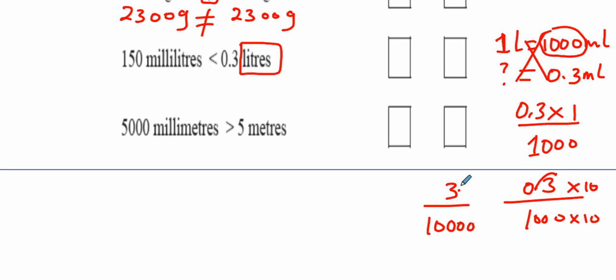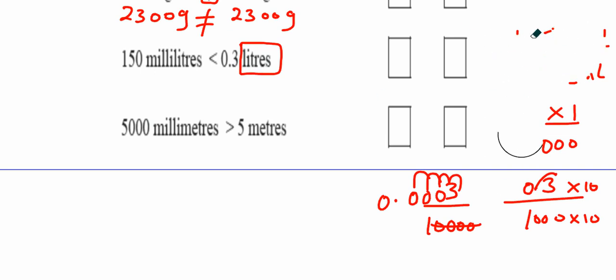So 3 divided by 10,000 is 0 point... Let me check. 1 liter equals 1,000... Oh, we made a mistake over here. Okay, let me correct this mistake.